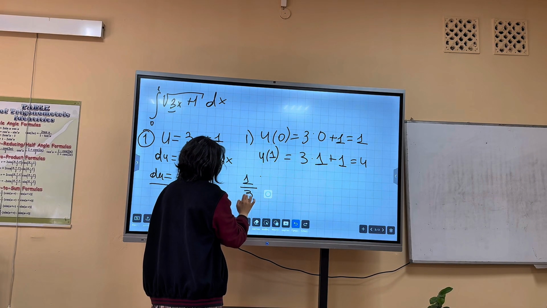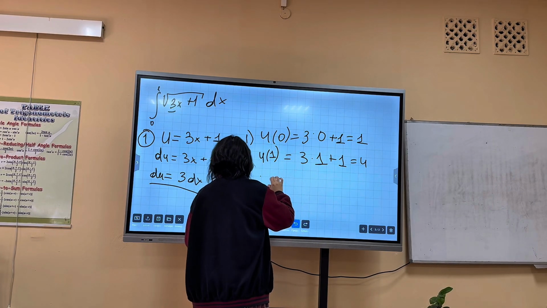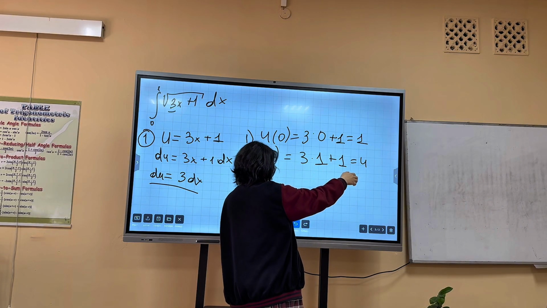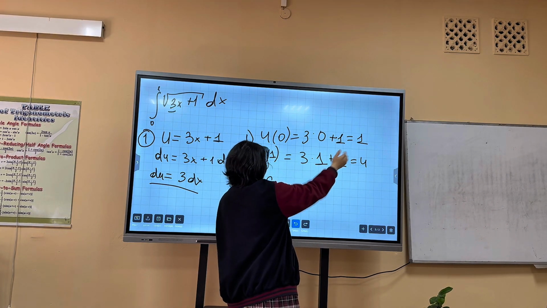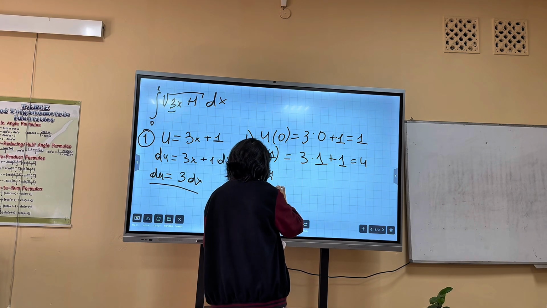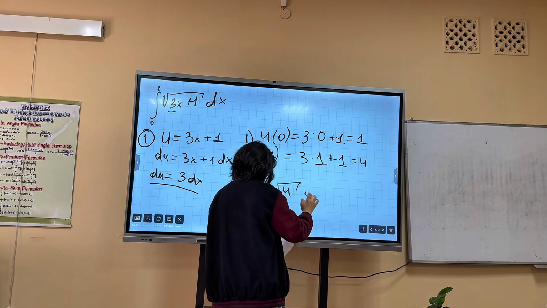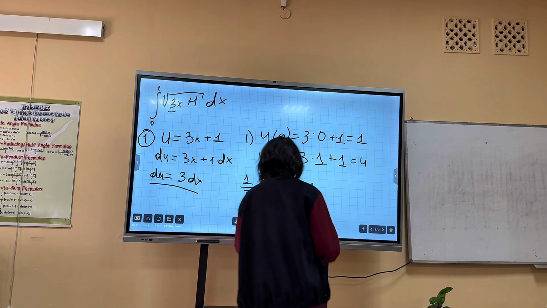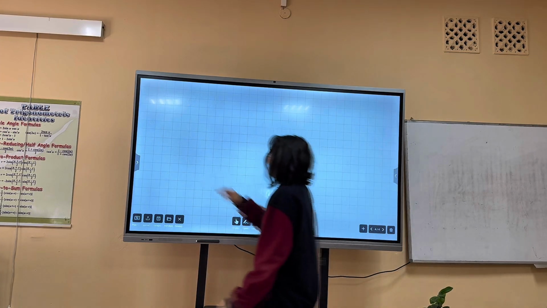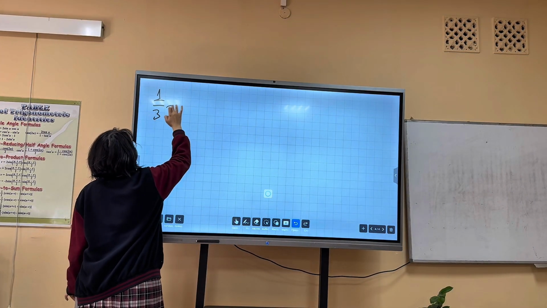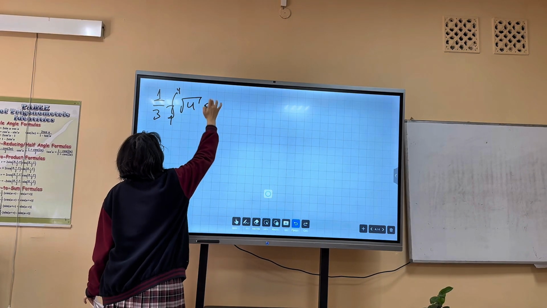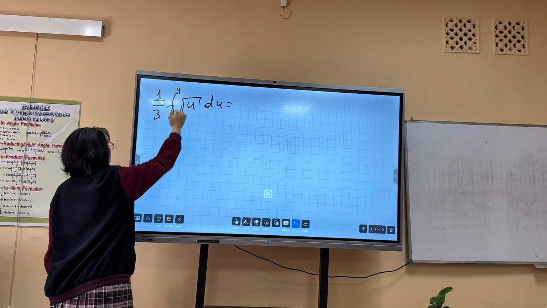It will be 1 divided by 3 integral. We can put these boundaries, 4 and 1, of square root of u du. So we can write the square root as a degree.